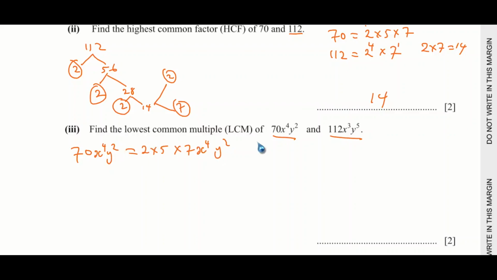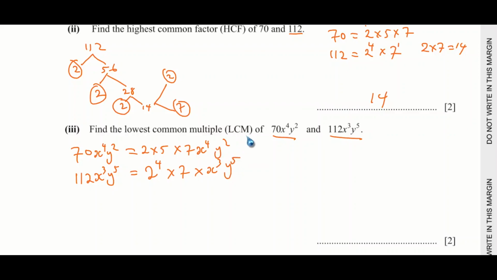For 112, we have 2 to the power of 4 multiplied by 7, then x to the power of 3, then y to the power of 5.